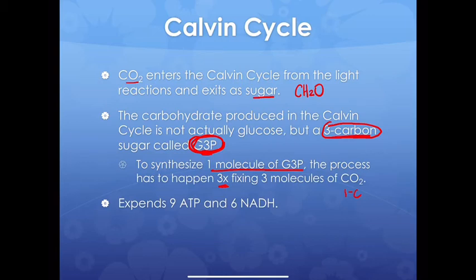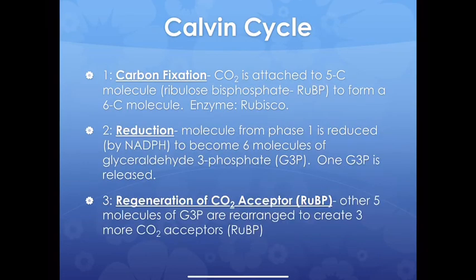And in those 3 rotations, per 1 G3P, not GTP, sorry, it's going to expend 9 ATP and 6 NADPH. That should have a P in it. NADPH, okay, is what it's going to use. And remember, those came from the light reaction. They were generated in the light reaction, okay?